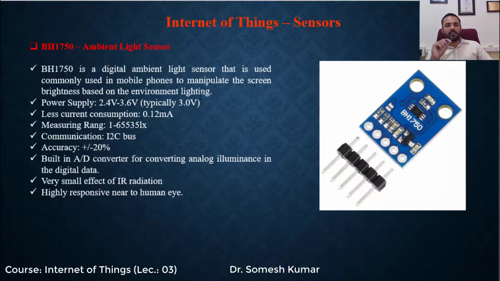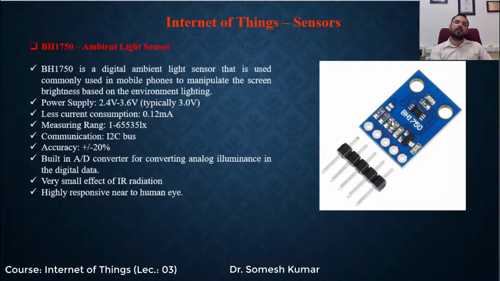The communication used here is I2C. I2C is the inter-integrated circuit, a communication protocol developed by Philips Semiconductor for transfer of data between the central processing unit and the ICs. Its accuracy is plus or minus 20%.